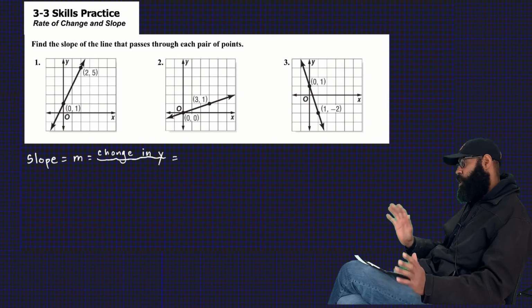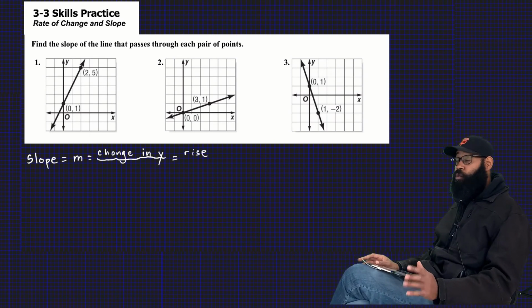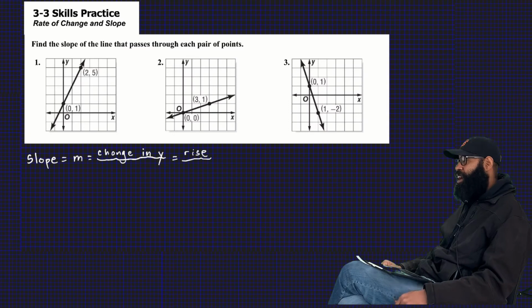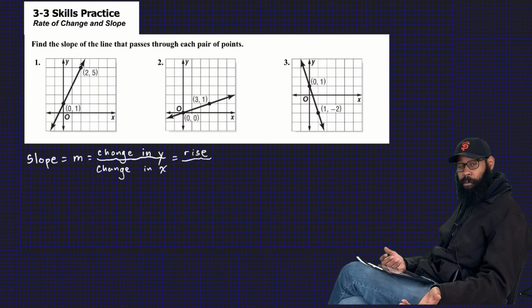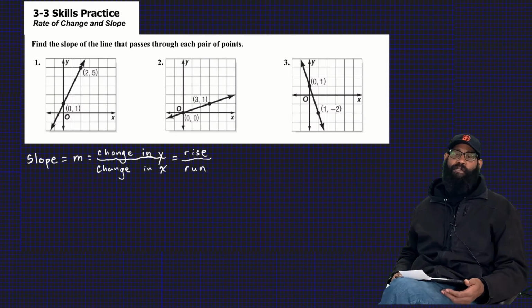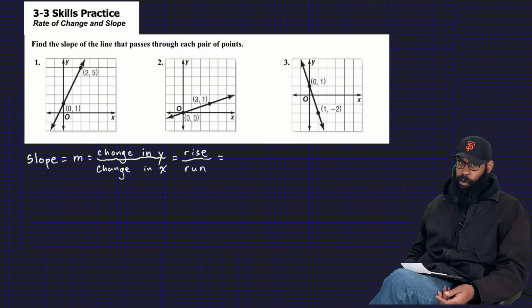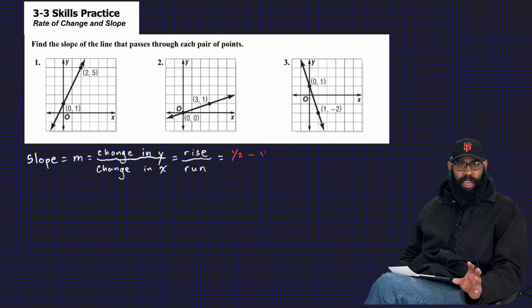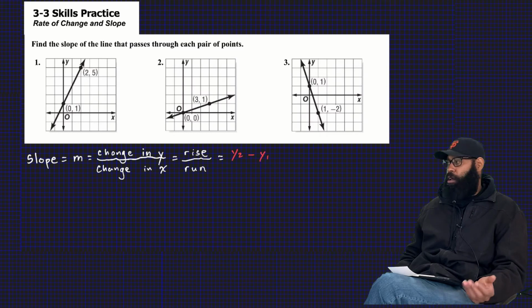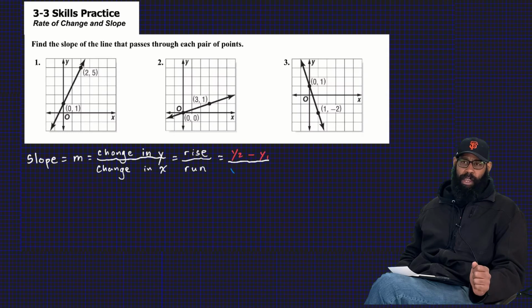That's where you get the term rise over run. So the change in y over the change in x gets us to our formula, and you're going to see formulas so much going forward: m equals y2 minus y1, all divided by x2 minus x1.